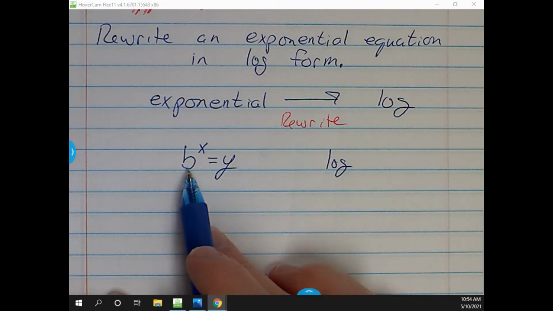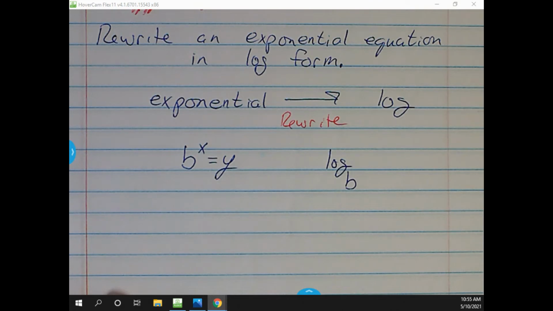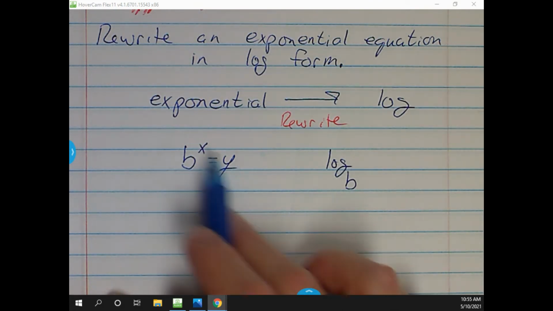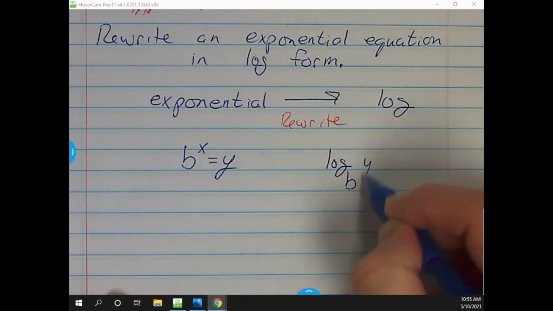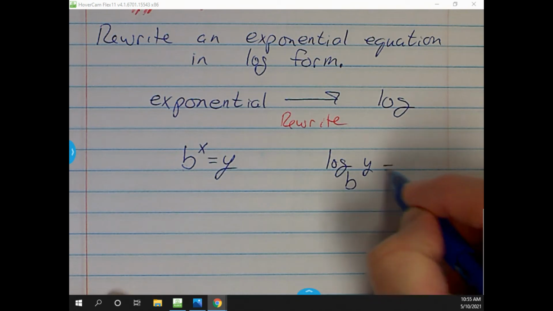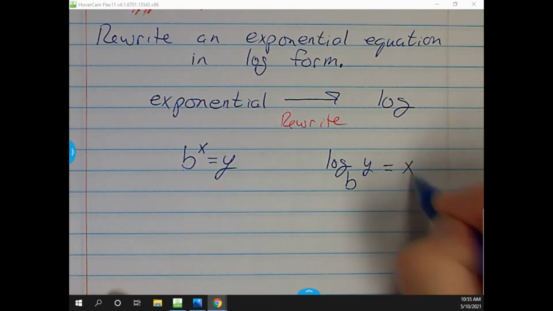The base that you have here, whatever this base is, the base will stay the same. And then here's the inverse part of it. We're switching these x's and y's. So what looked like b to the x power now looks like b to the y power. And the y that was by itself, now it's the x that's going to be by itself.